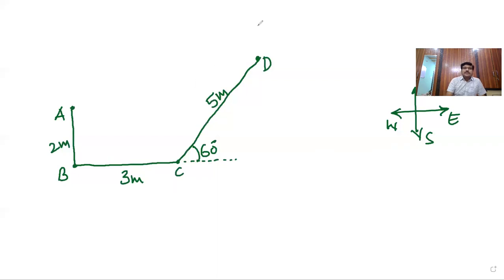Clear? Now, what is the displacement? Before that, let me show the directions. The man is walking A to B, south, down, 2 meters. Then B to C at right angles, towards east, rightwards, 3 meters. And again from C to D, taking 60 degrees with respect to east. This is east, so the direction is this. Now, this is AB, BC, CD.